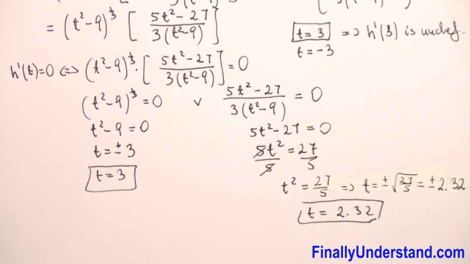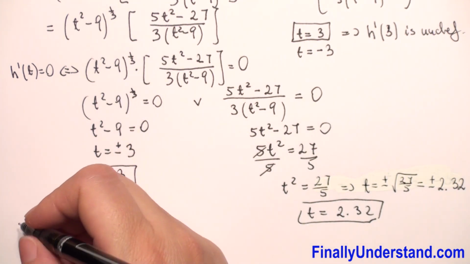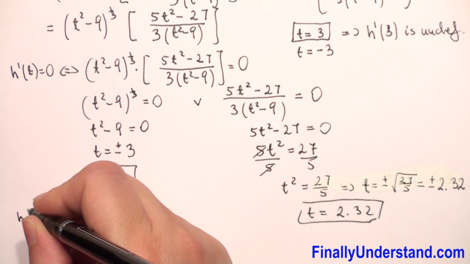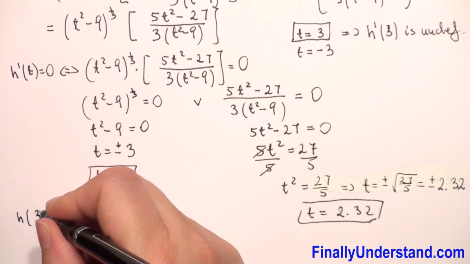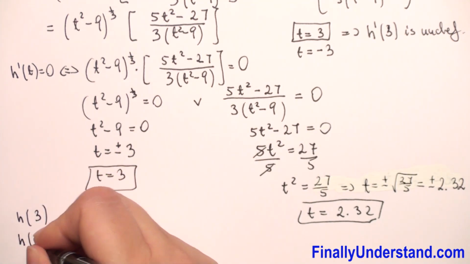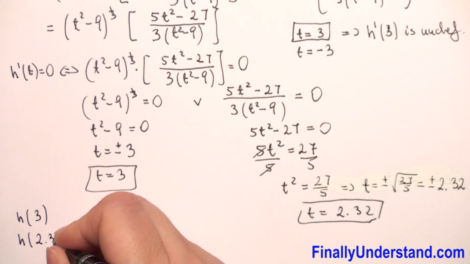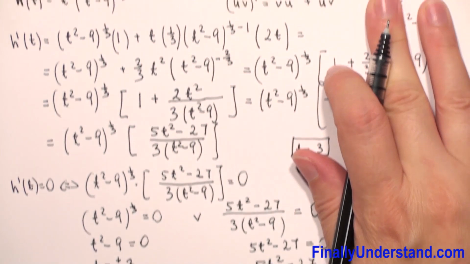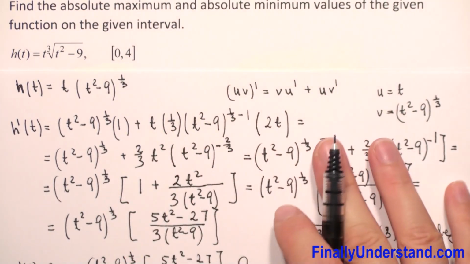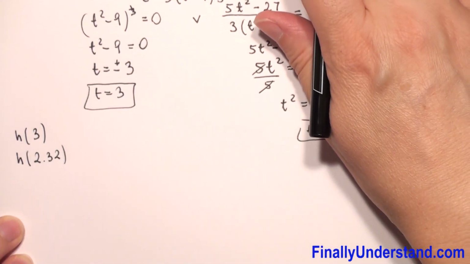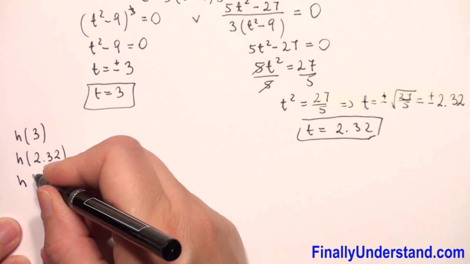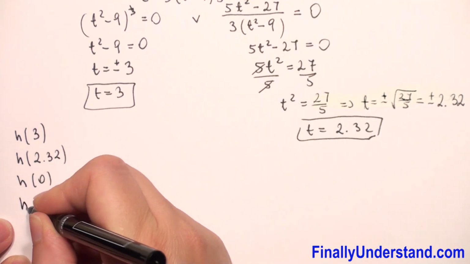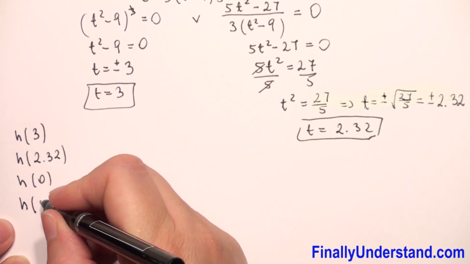Now we have to calculate the value of our function for these critical points. So we have h of 3, h of 2.32, and the endpoints are 0 and 4, so h of 0 we have to find and h of 4.